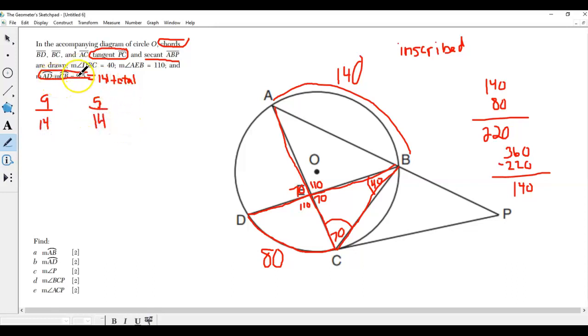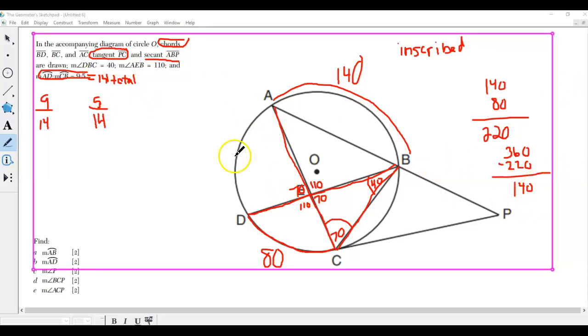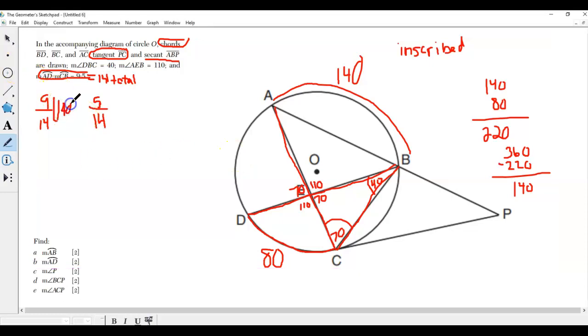It could be a semicircle, it could even be in a triangle. So if I calculate 9/14ths of 140, I'm going to be able to find what those arcs are. That gives 90. And then 10 times 5 is 50. It gives 140 in your calculator if you don't believe me.